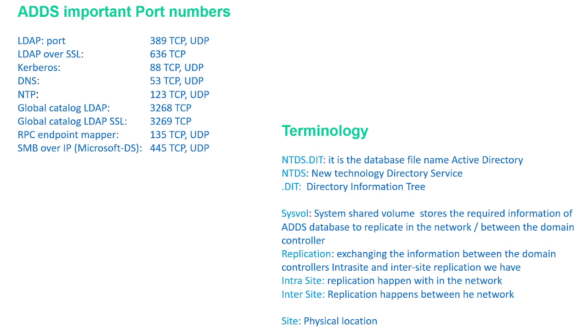But if the port is not open, say for example, I'll write it here. Say for example, here you have a domain controller. This is your DNS server. And here lot many users' computers are there.